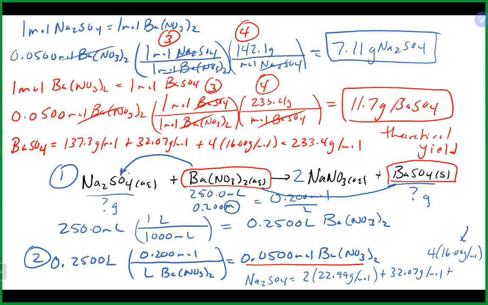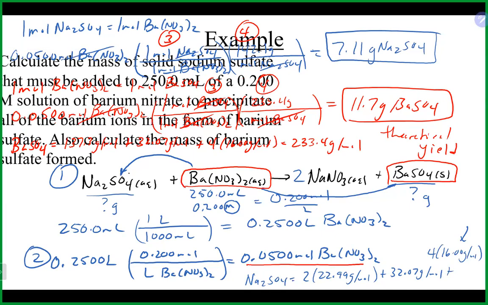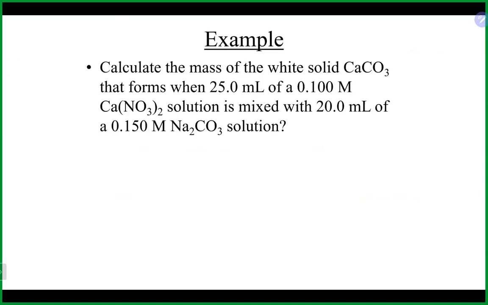All right, so why don't you try one then here? All right, calculate the mass of calcium carbonate that would form when 25 milliliters of calcium nitrate reacts with 20 milliliters of sodium carbonate.